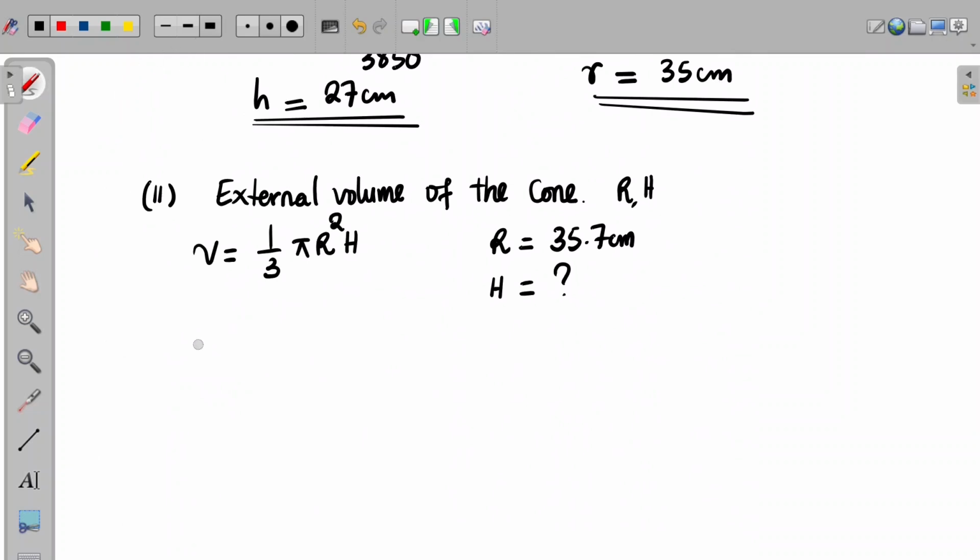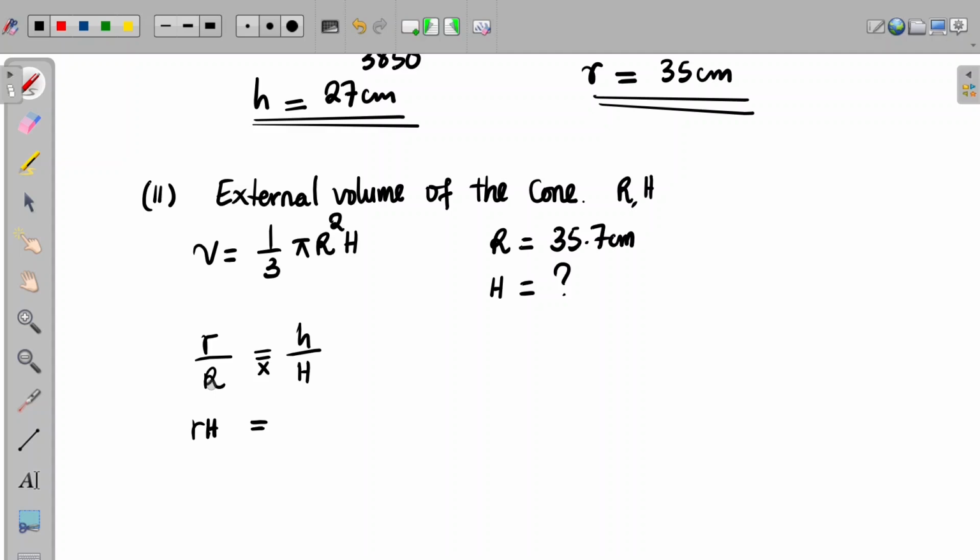So say r over capital R is equal to small letter h over capital H. Then I'll make capital H the subject of the formula. So we'll cross multiply. So say r times H, it will be rH equals, then R times h, it will be capital R and h there.